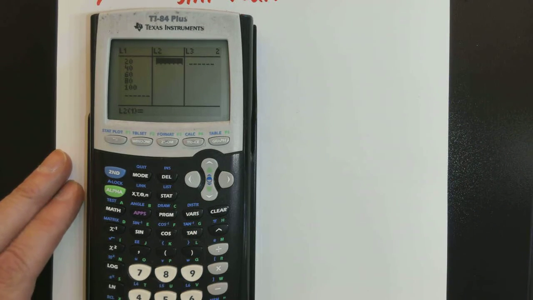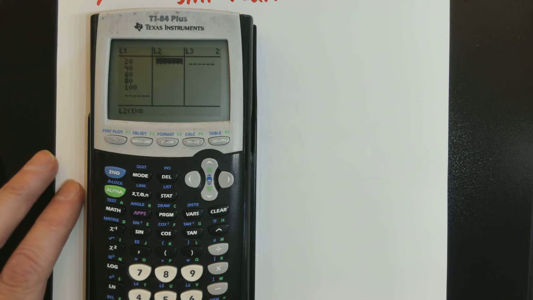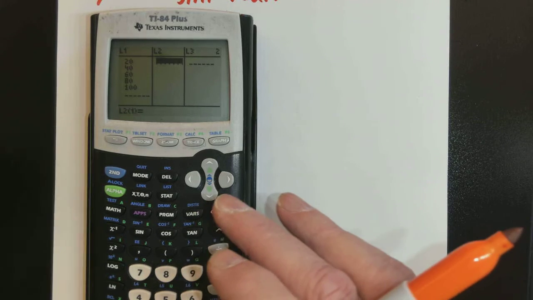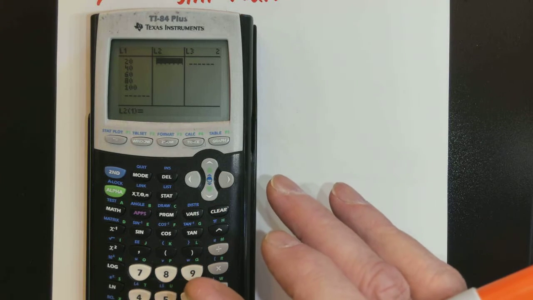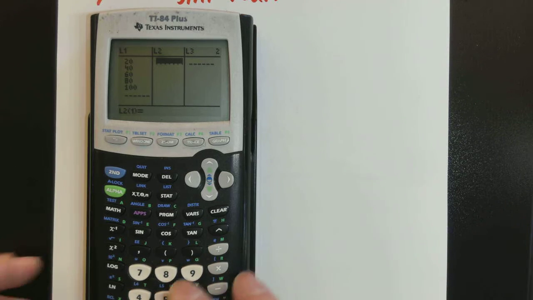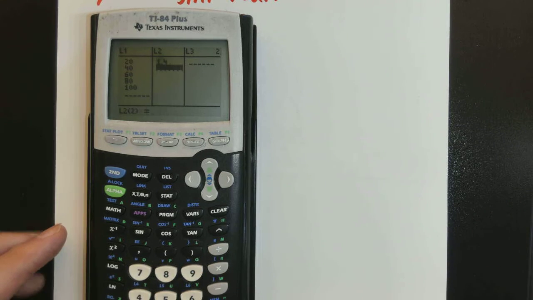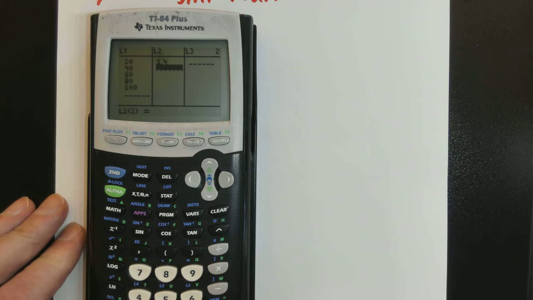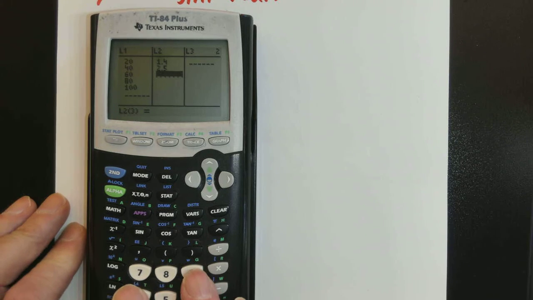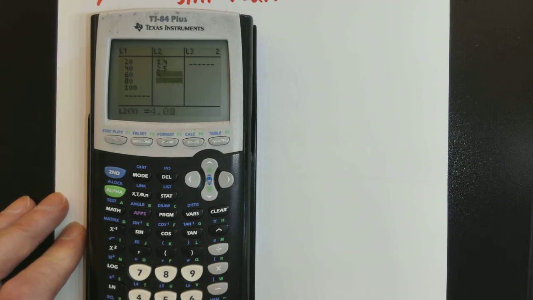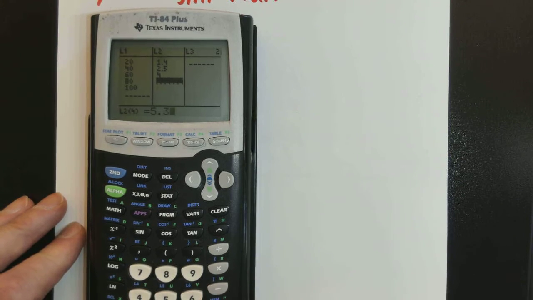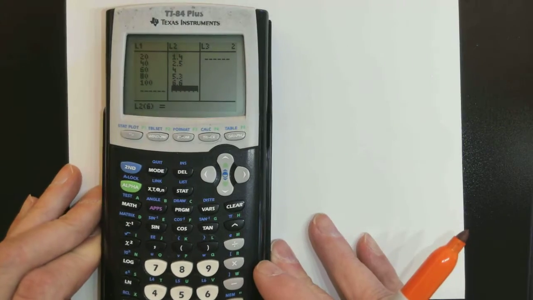Then the corresponding D column, I've got 1.4, 2.5, 4.0, 5.3, and 6.6. Now, I'm going to stop there for a second.